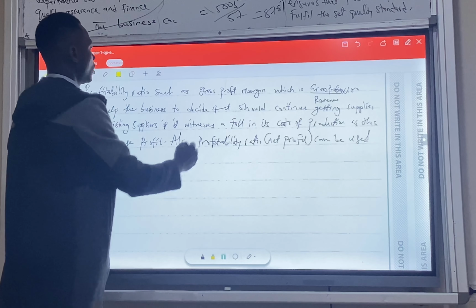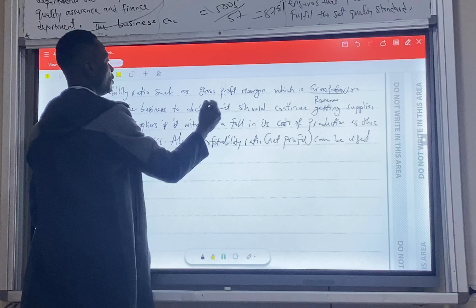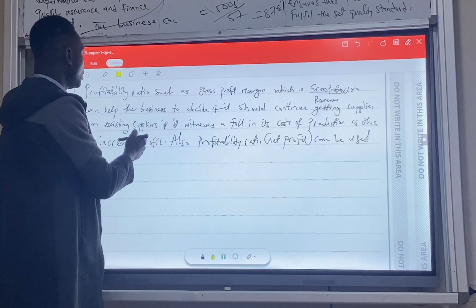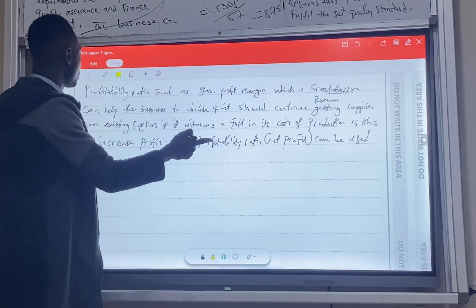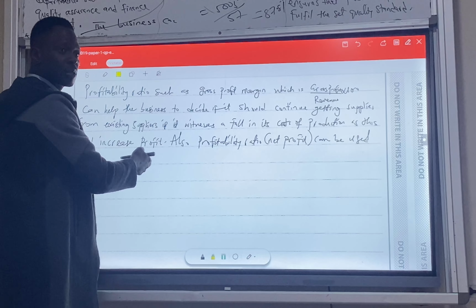If it should continue getting supplies from existing suppliers, if it witnesses a fall in its cost of production, as this will increase profits.